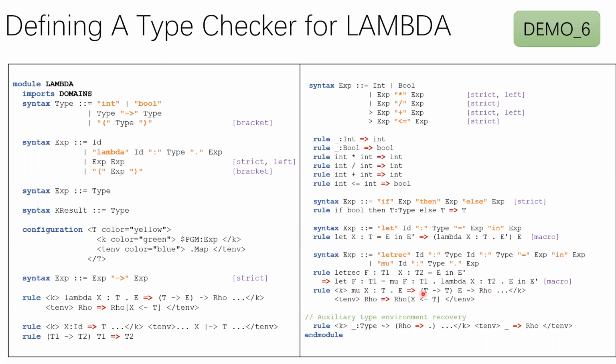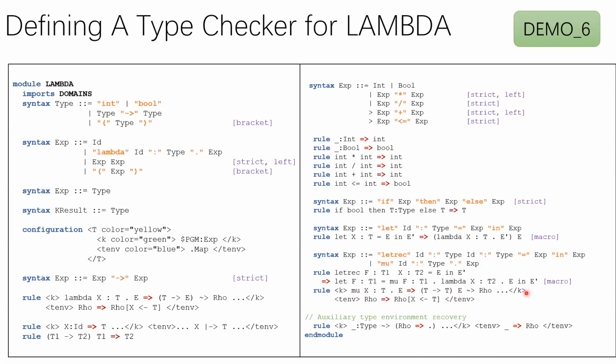We rewrite this into a function application, so the function type t arrow t applied to E. And now we'll evaluate the type of E in this updated environment where the binding variable x has type t already. If this rule is successful, we know that the mu is well typed and the type will be t.